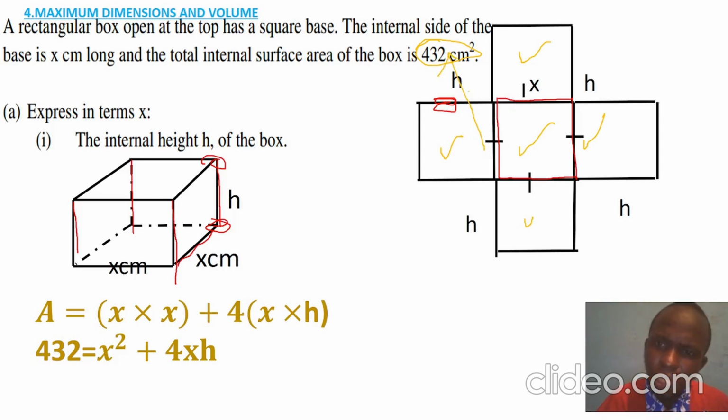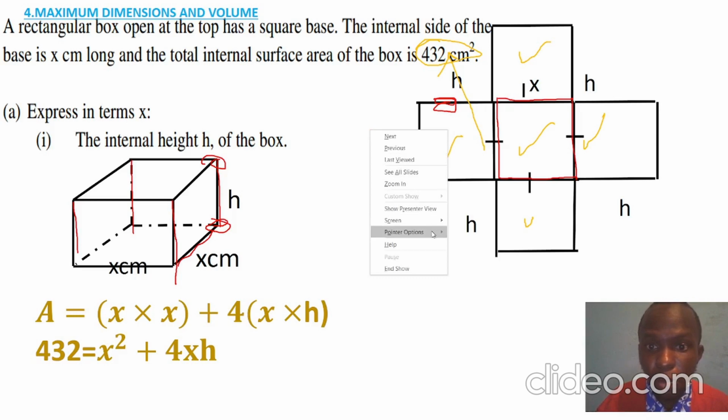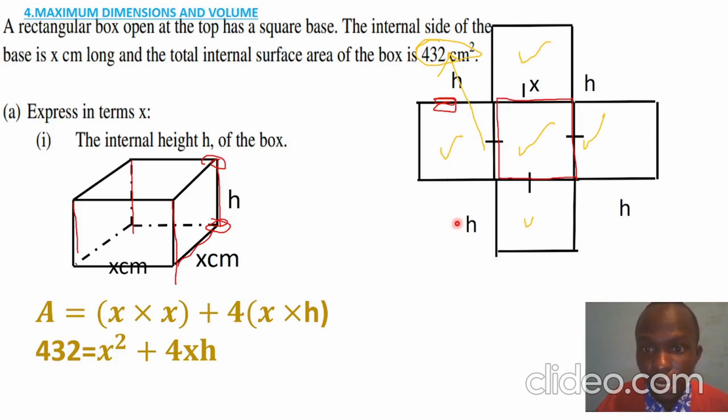But then there are four figures here which are the same. Look at this one. Let me use a pointer and look at this box here. This has h and x. Look at this one has h and x.